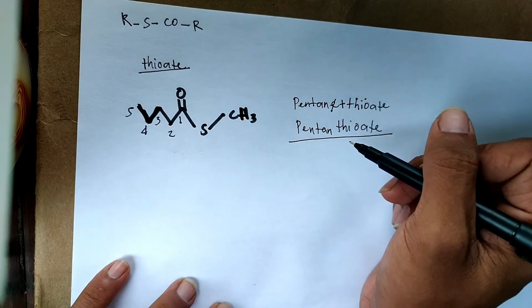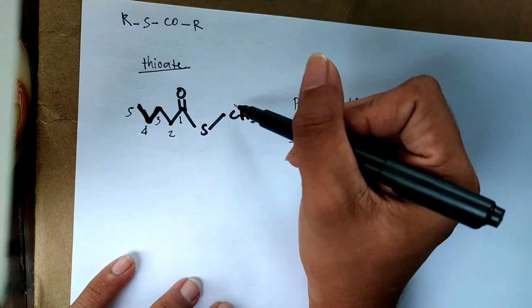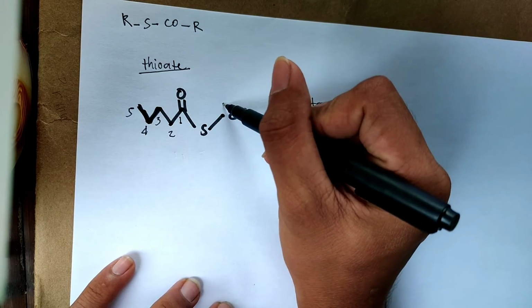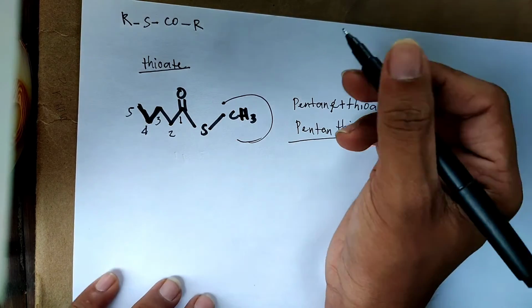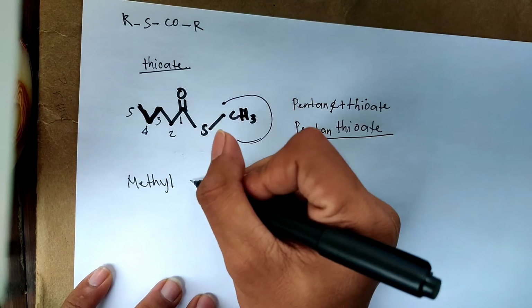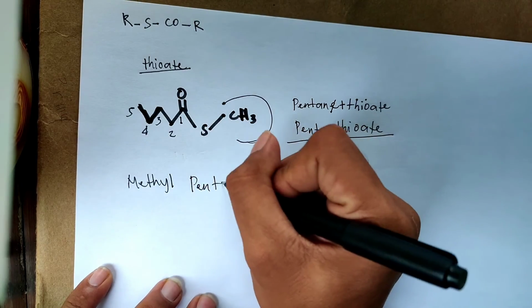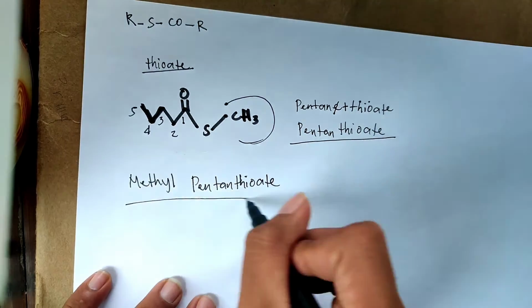Yan yun. But as what you have noticed, mayroon tayong methyl group na naka-attach dito sa sulfur. So, magiging methyl pentanethioate. Yan. That's it.